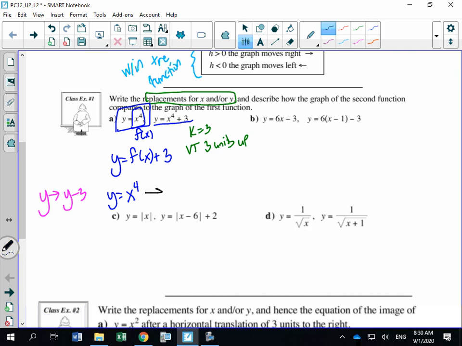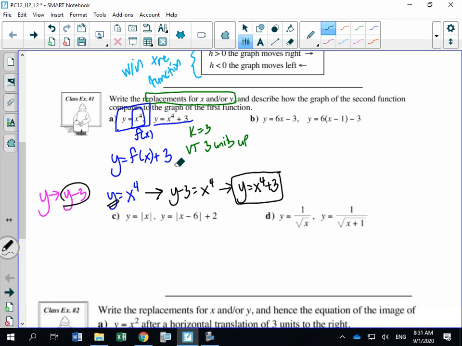Then we do our replacement: take y out and put in y minus 3 is equal to x to the 4. And then to get our transformed function, to get rid of that negative 3 and isolate y, we add 3 to both sides. So that's y is equal to x to the 4 plus 3.